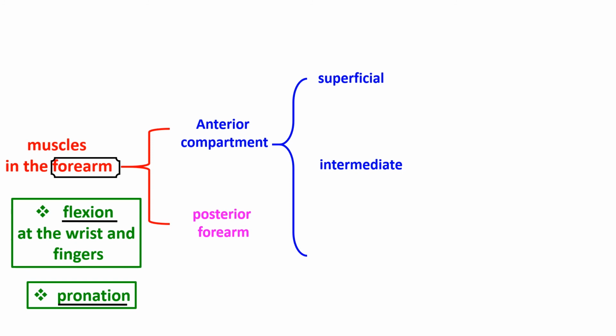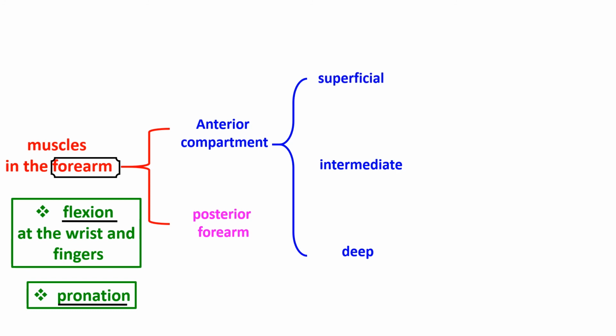There is one intermediate muscle and there are deep muscles. At this point of time, we are only addressing the superficial group of muscles, and we will leave the rest of the anterior compartment to the musculoskeletal system.